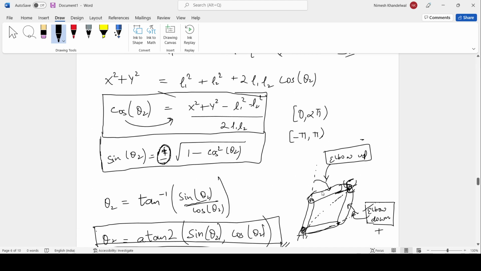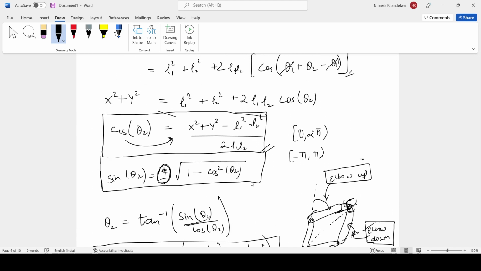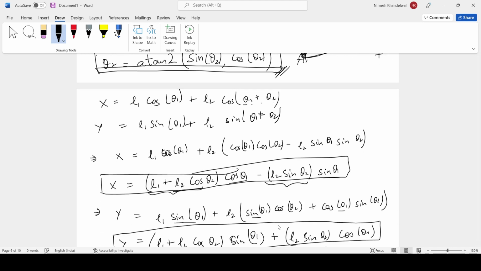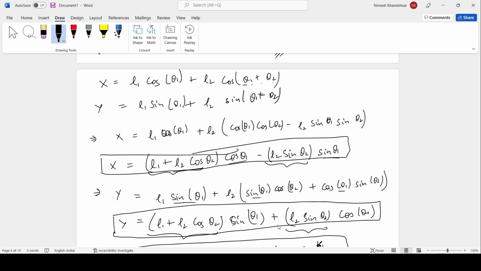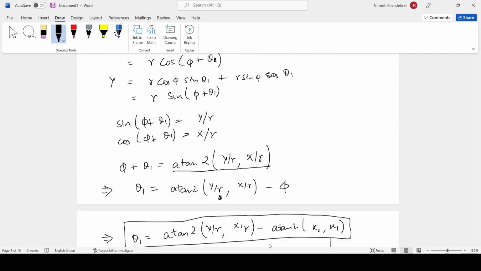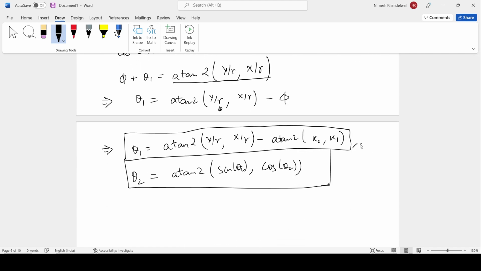Then we calculate sin theta 2, choosing a particular sign based on the configuration that we want. Negative meant that we are using the elbow up configuration, and positive sin theta 2 meant the elbow down configuration. Using sin theta 2 and cos theta 2, we calculate the value of theta 2, and then using theta 2 and L1, L2, X and Y, we calculate theta 1. And that is this equation.